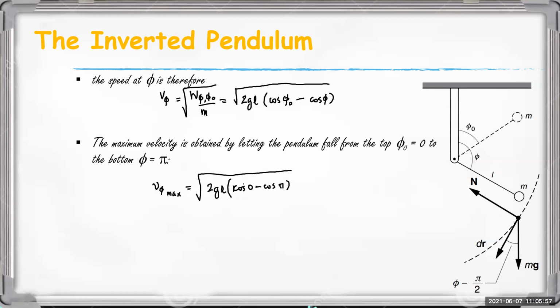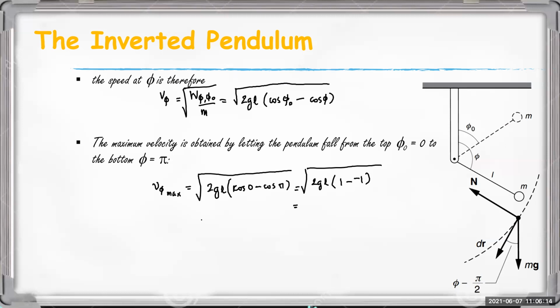The value of cos 0 is equal to 1 and cos pi is equal to minus 1. Then in the brackets, 2gL into 1 minus minus 1, that is 2gL times 2.